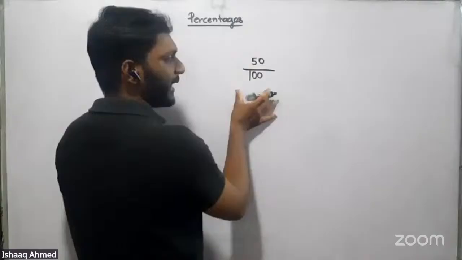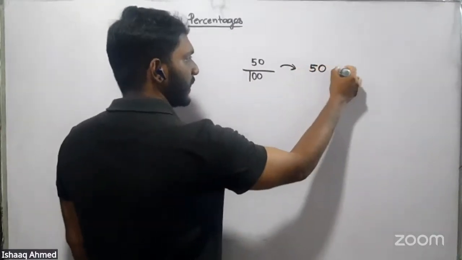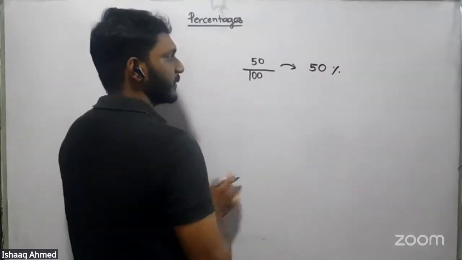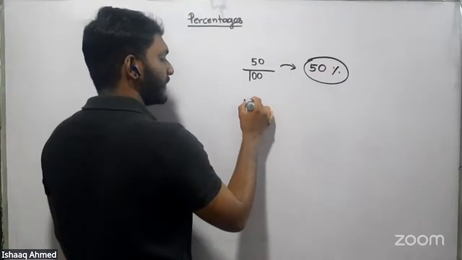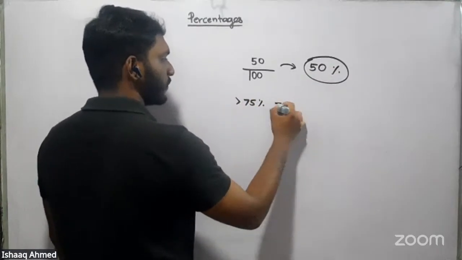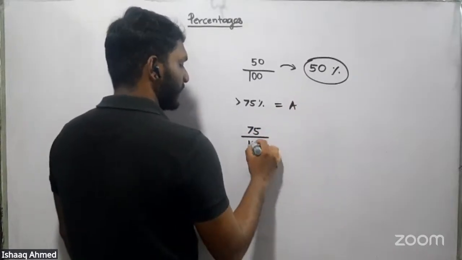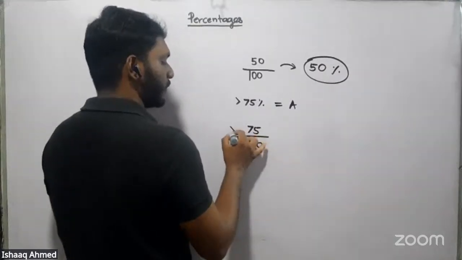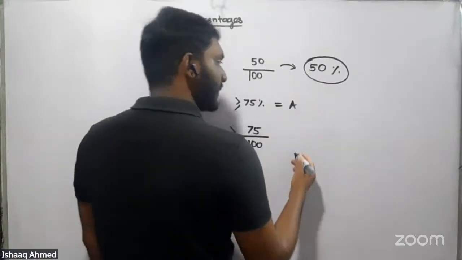Then your teacher will write it like this, and then she will write it as a percentage like this, 50%. If your maths marks is over 75%, that means you get an A. That means your mark should be greater than or equal to 75 over 100. So 75% means 75 over 100.